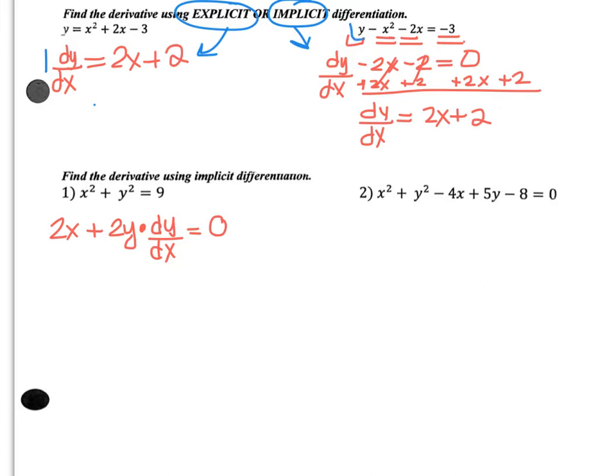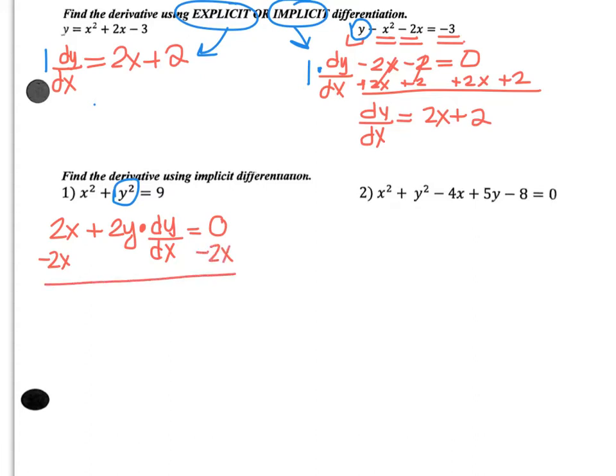Same thing here, the derivative of y was 1 times dy dx. Okay, so same thing here, when we take the derivative of y squared, it's 2y times dy dx. We're telling us that we're taking the derivative of y with respect to x. And then now we're just going to solve this equation here for dy dx. So I can bring the 2x over by subtracting it.